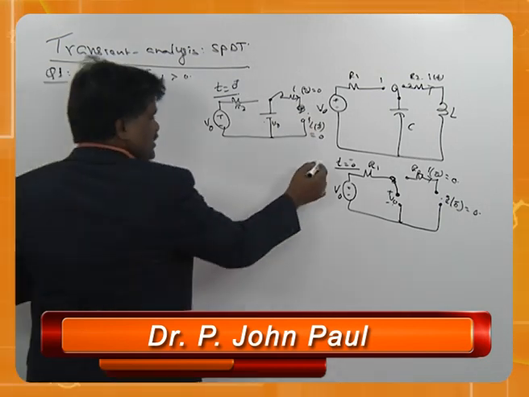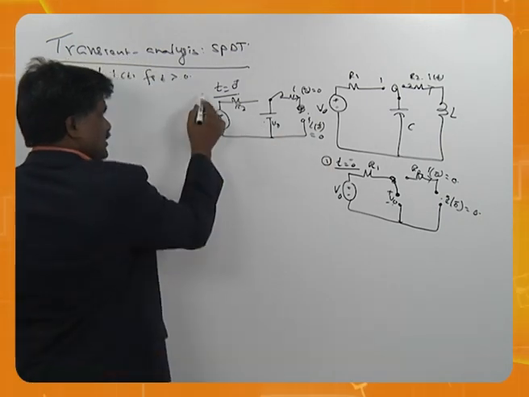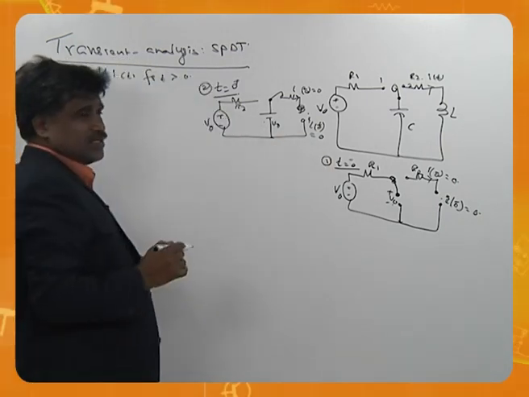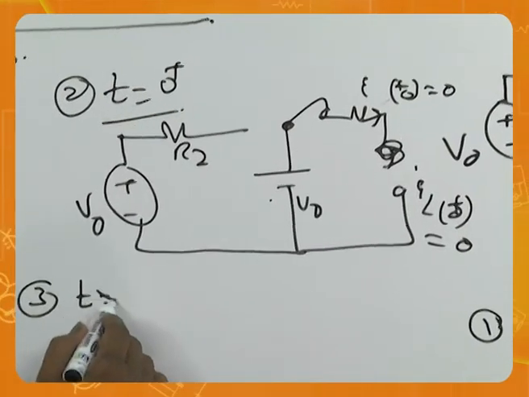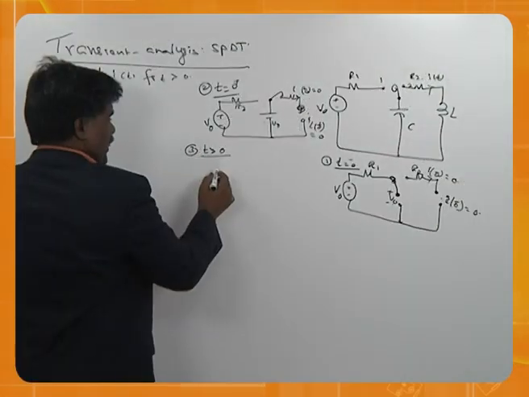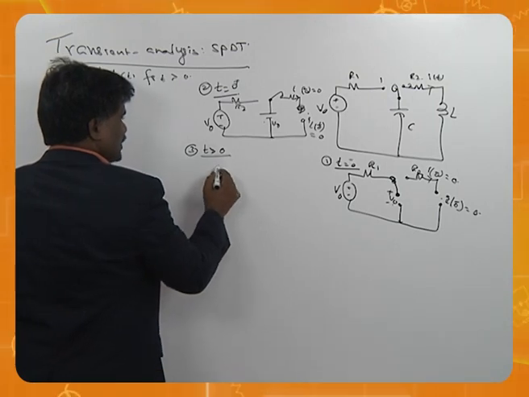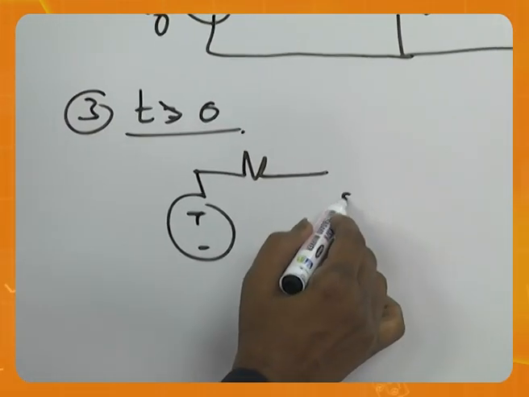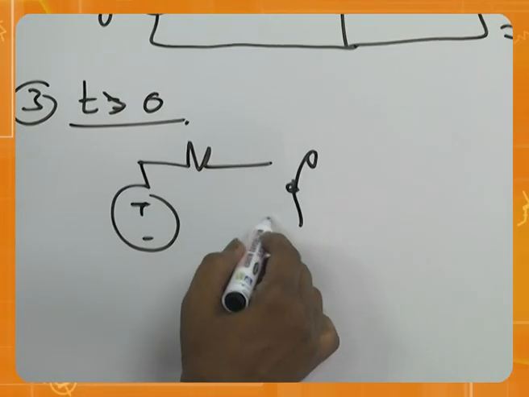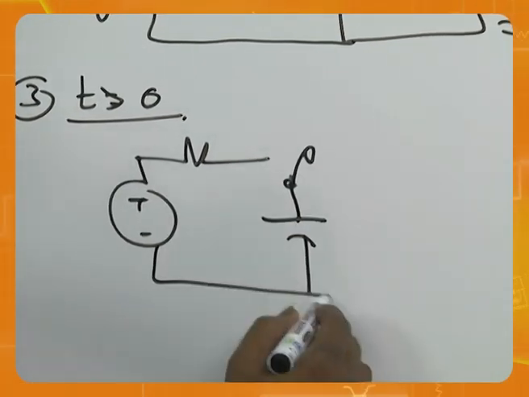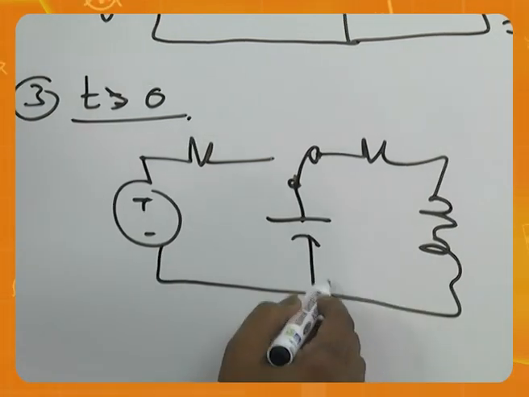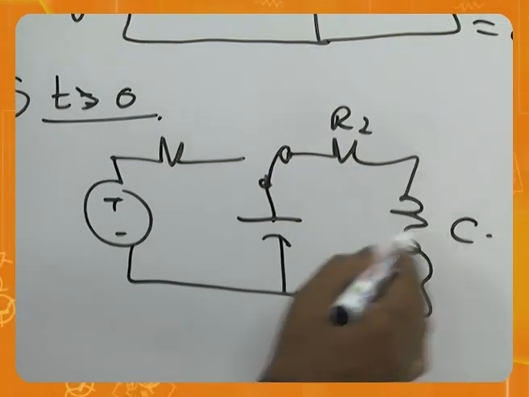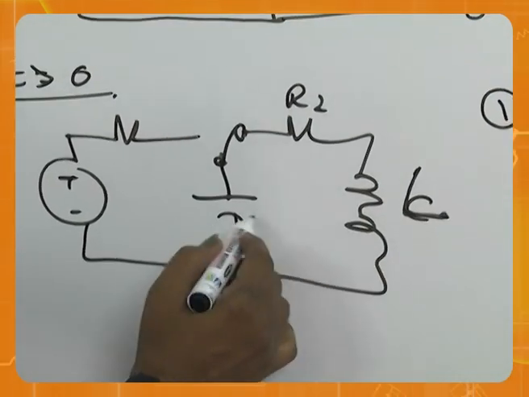So the first thing is t equals 0 minus, the second thing is 0 plus, the third thing will be t greater than 0. That means what? Everything will be present. The switch is here, the capacitor comes into the picture, the inductor also here, R2, L, C here.